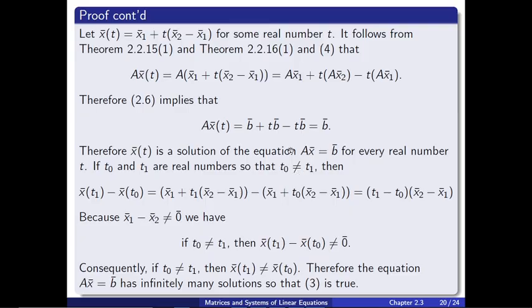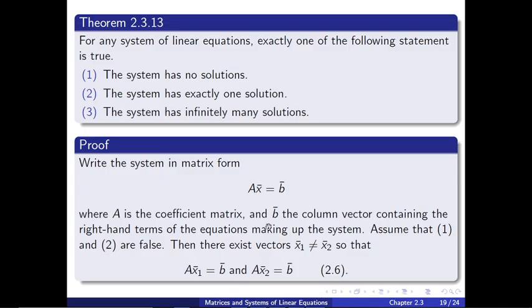So, because t ranges from minus infinity to infinity, it means that this system has infinitely many solutions, so that 3 is true.